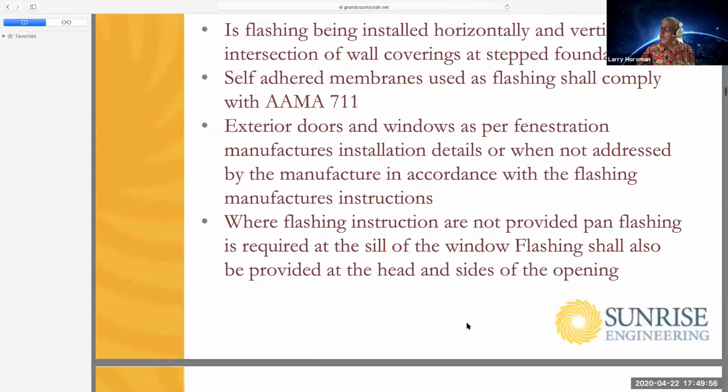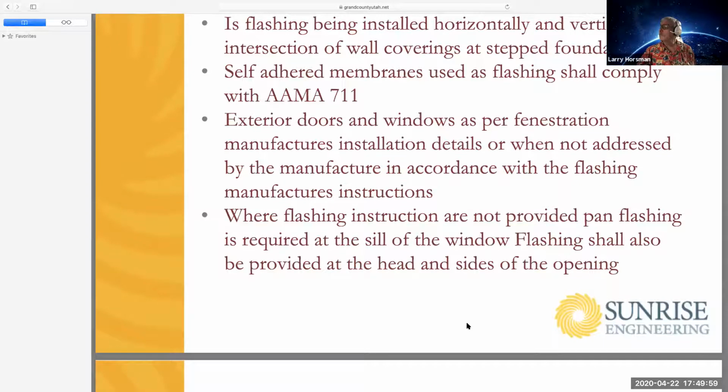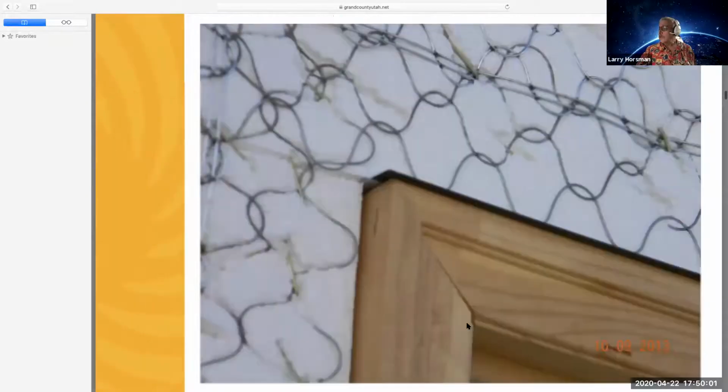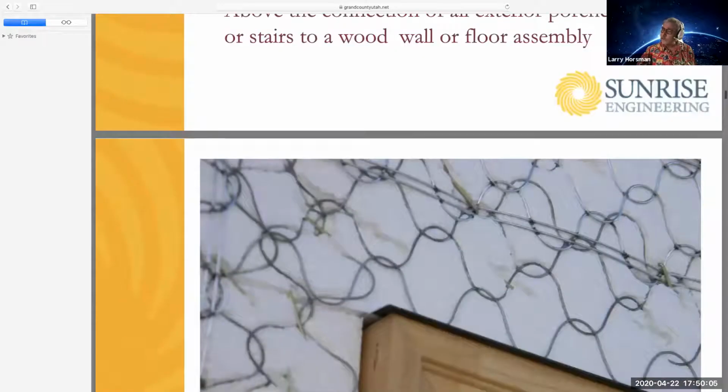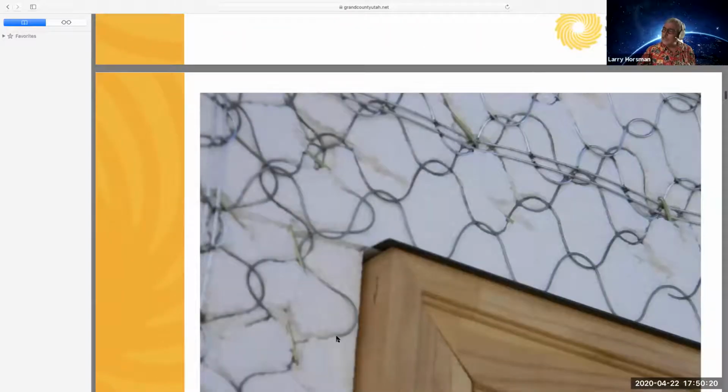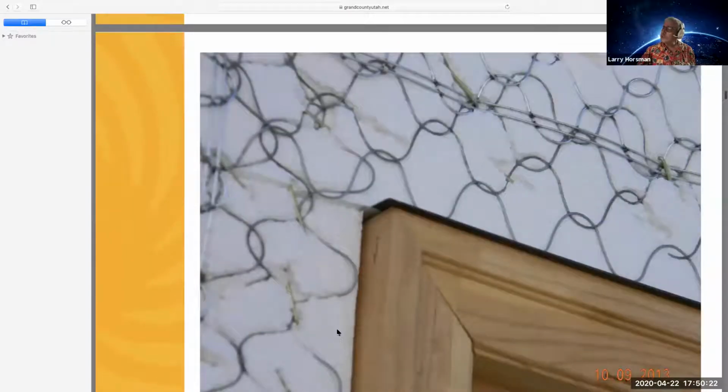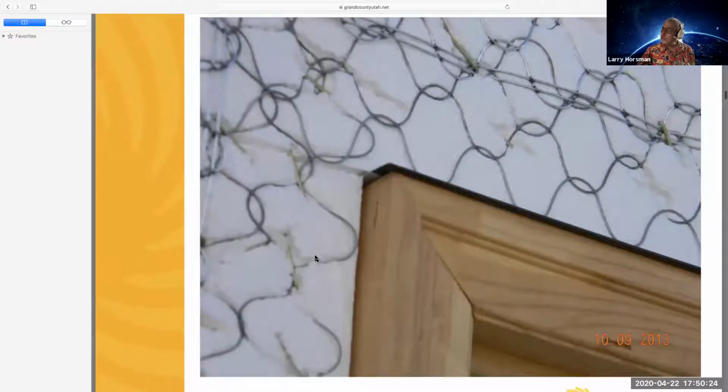I'm trying to find the screeds. And so this is always a problem area. Here they've put in a little piece of flashing over the door to drain the water away. Sometimes they'll try and angle that a little bit so the water drains off to one side or another rather than dripping down directly on the door. This is some rigid insulation behind it. So this is one of those proprietary systems.